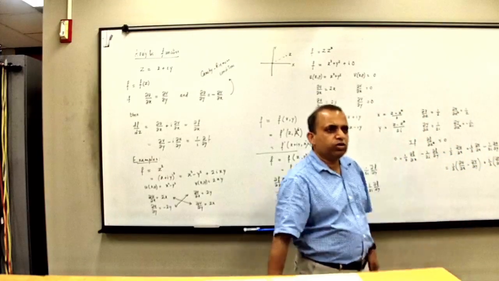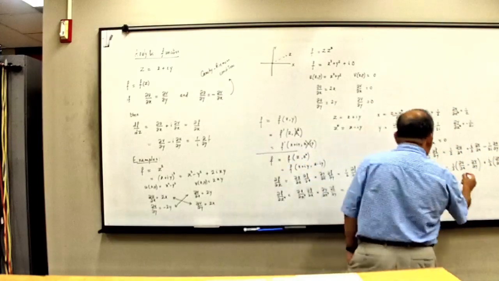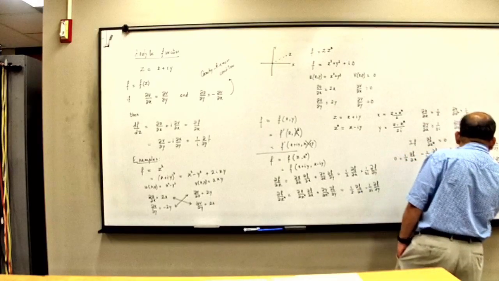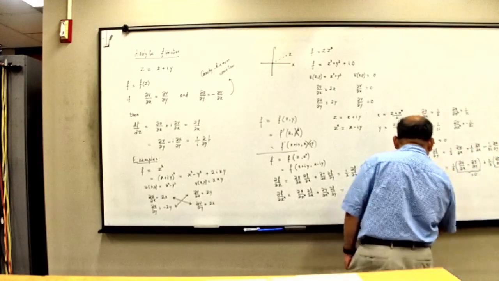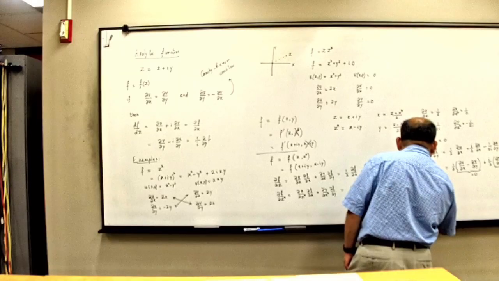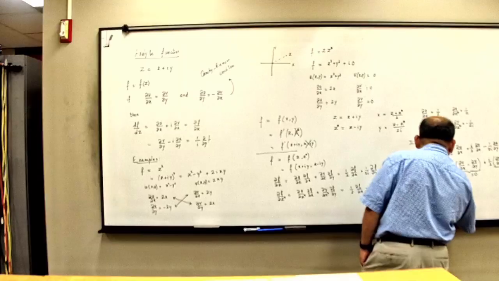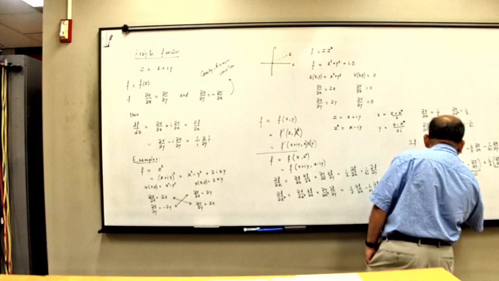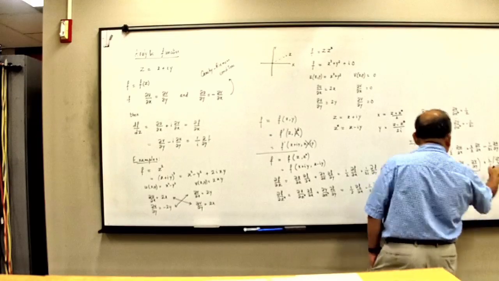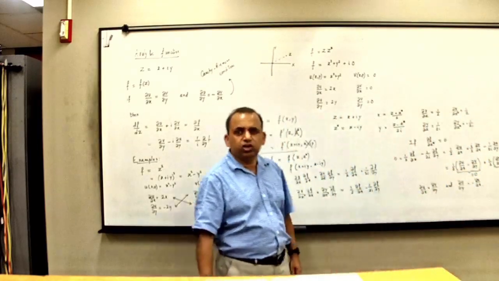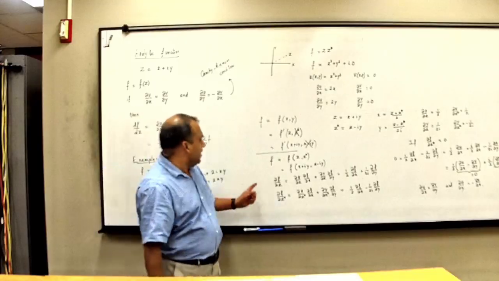If this has to be equal to 0, then the real part has to be equal to 0, and the imaginary part has to be equal to 0. So du by dx equals dv by dy, and du by dy, I'm writing the second term first, equals minus dv by dx. So exactly the Cauchy-Riemann conditions.